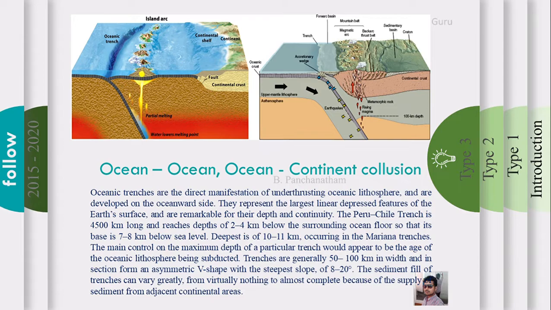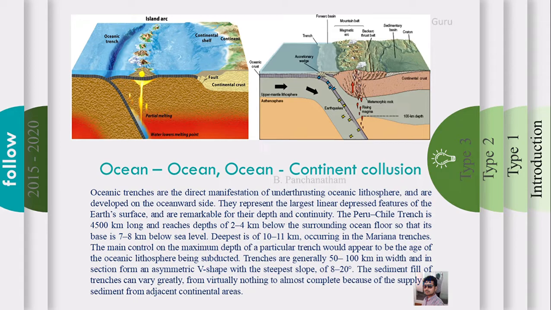So its base is 7 to 8 km below the mean sea level. This is an example of the length and depth of a trench, where the length is 4,500 km and the depth is 2 to 4 kilometers, and the deepest one is the Mariana Trench, which is somewhat near 10 to 11 kilometers from the surrounding region. The main control of the maximum depth of a particular trench appears to be the age of the oceanic lithosphere being subducted.